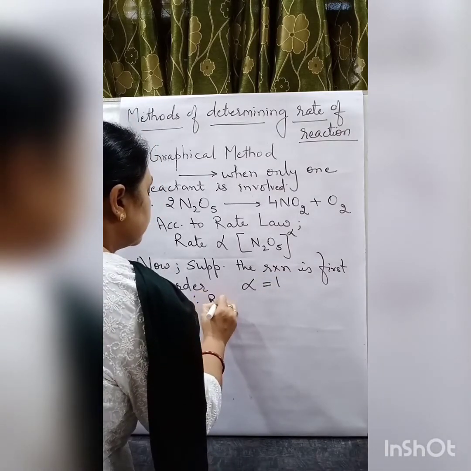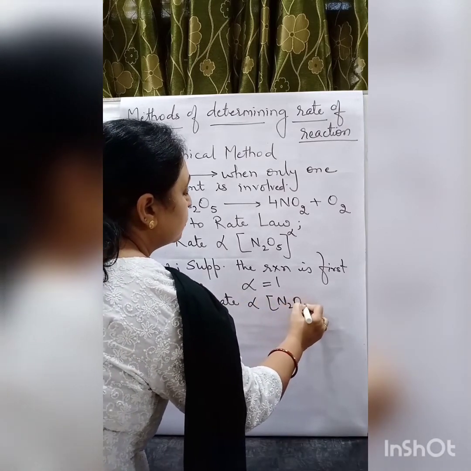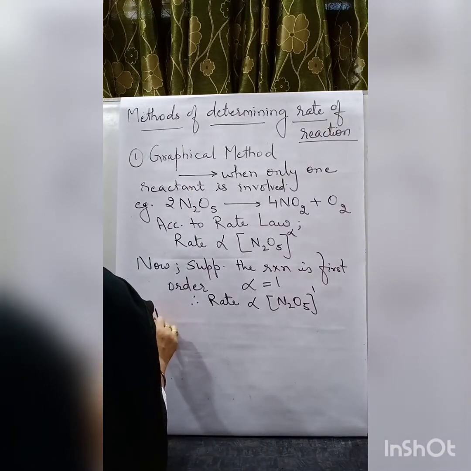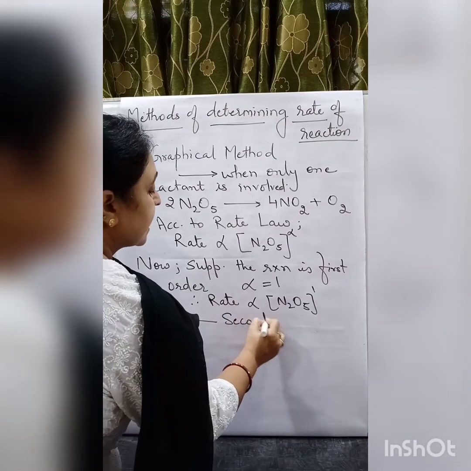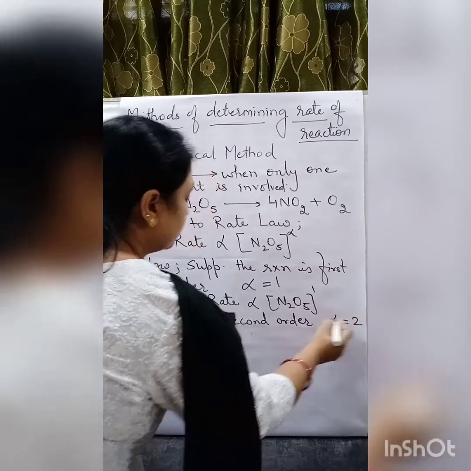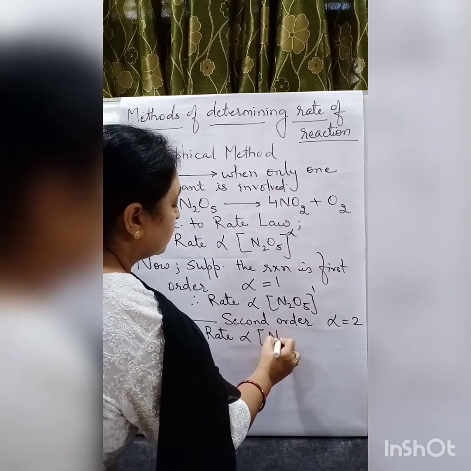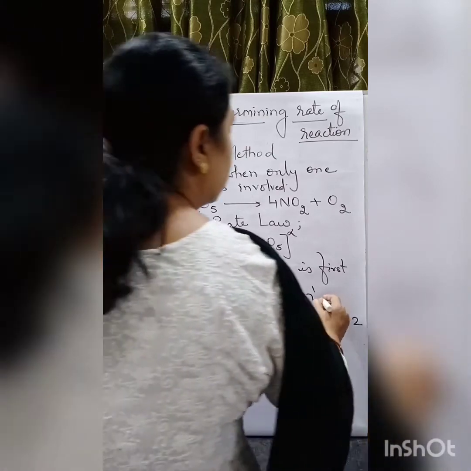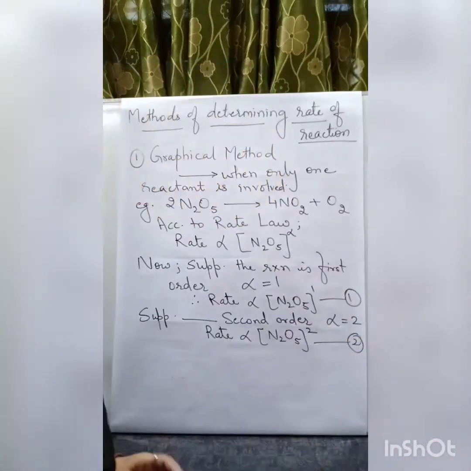Therefore, we can write down the rate law as rate proportional to N2O5 raised to power 1. Suppose we find that the reaction is second order, then alpha will be equal to 2 and the rate law is rate proportional to N2O5 raised to power 2. Let this be experiment number 1 and let this be experiment number 2.